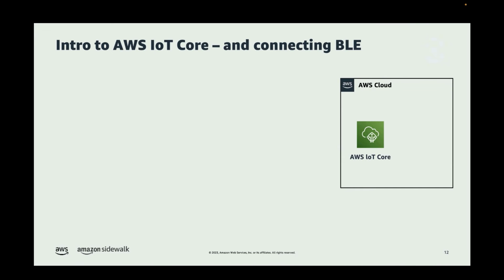And the thing is, it exists in the cloud, which means you typically need an IP connection to connect to it. Traditionally that would be, say, MQTT, using the IoT Core MQTT broker, or maybe an HTTP endpoint.